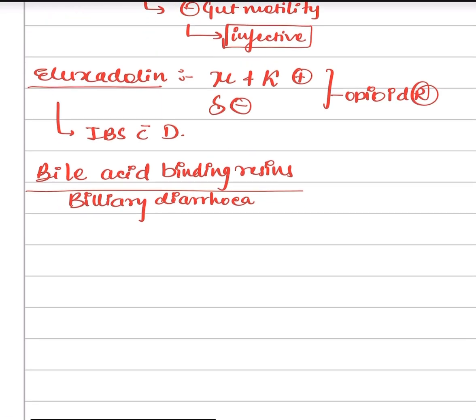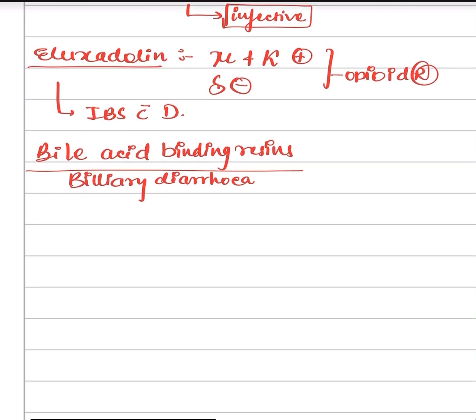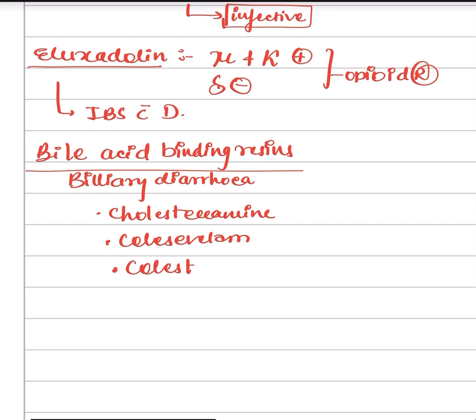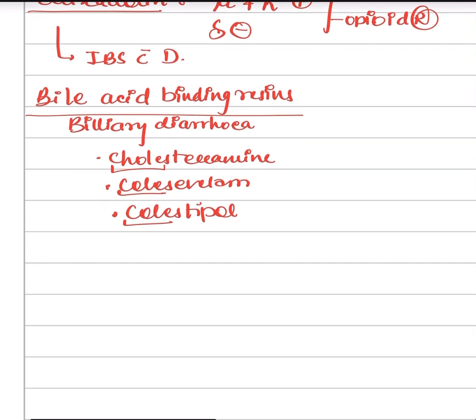The stool may be greenish, that is biliary diarrhea. The drugs that are used are cholestyramine, colesevelam, and colestipol. So choline is coming in these drugs.